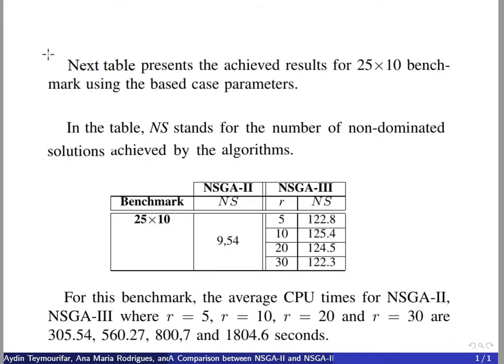The next table presents the achieved results for the small benchmark using base case parameters and according to different values of R for NSGA-III. In the table, NS stands for the number of non-dominated solutions achieved by the algorithm.